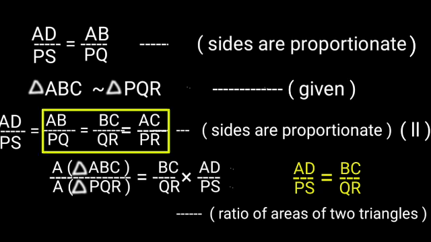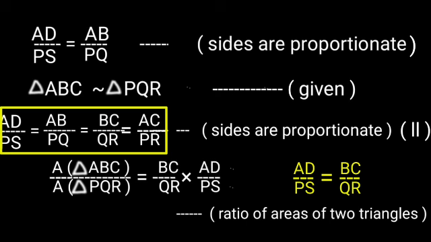This means AB upon PQ is equal to BC upon QR is equal to AC upon PR. But before this, AB upon PQ is nothing but AD upon PS. From the above equations, we have AD upon PS is equal to AB upon PQ is equal to BC upon QR is equal to AC upon PR.